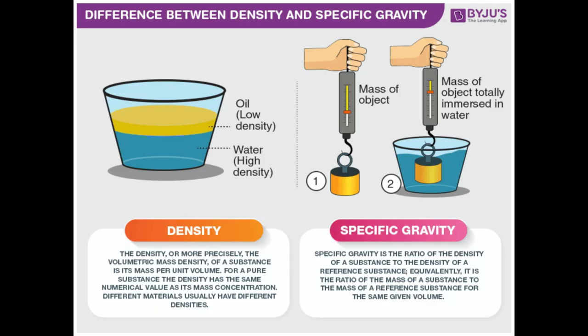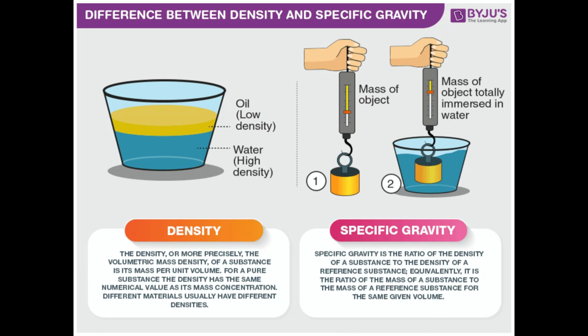Anyway, there are some small differences between density and specific gravity, but right here is how you find specific gravity. You have to find the mass of the object as it is suspended in water.